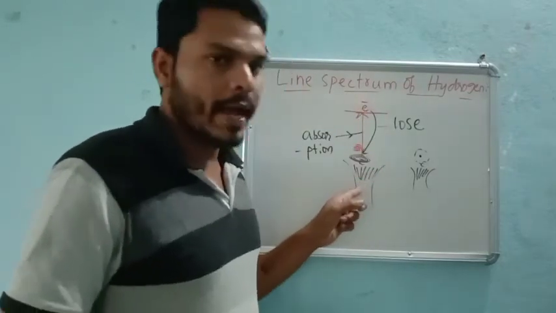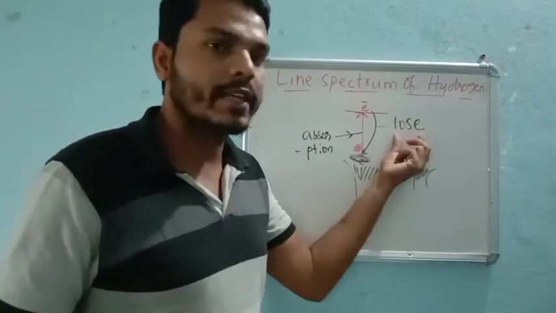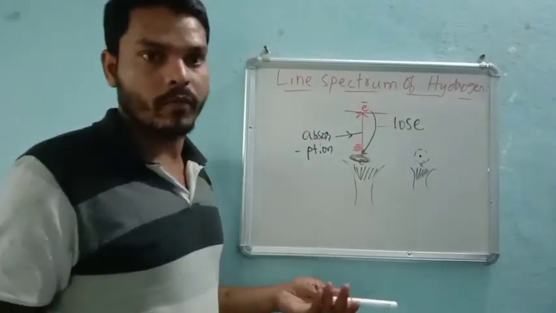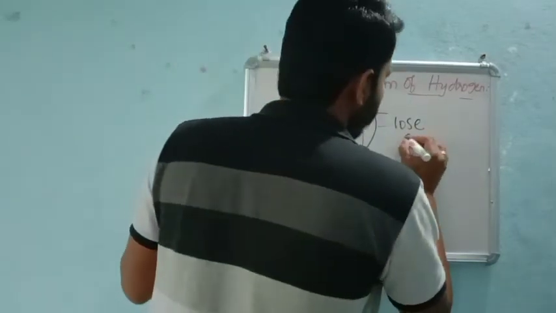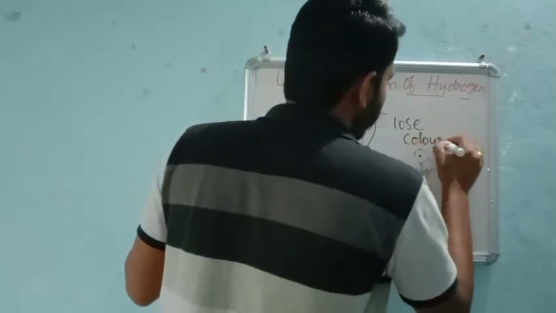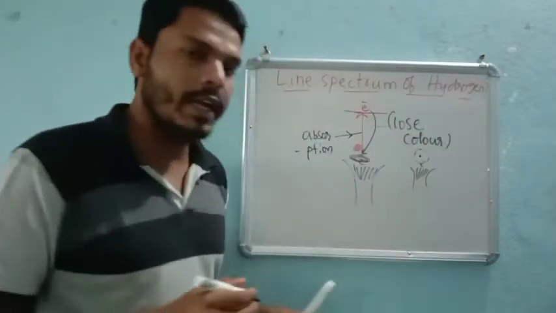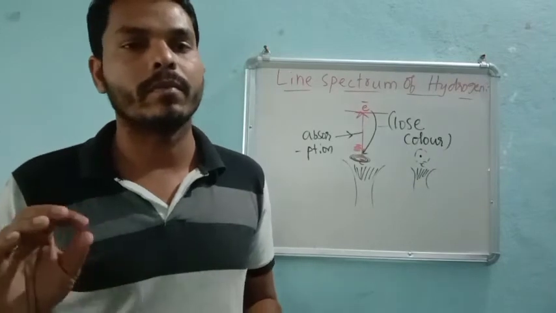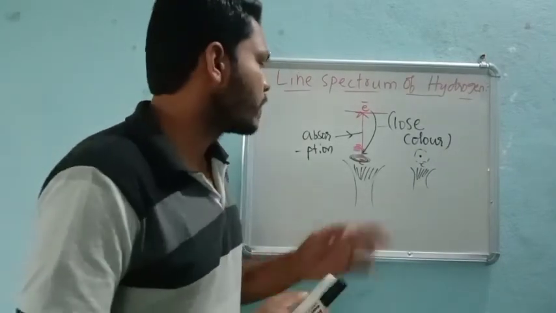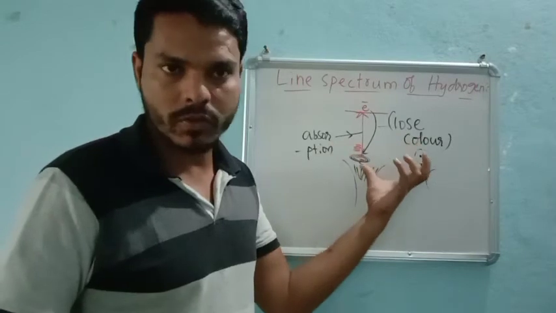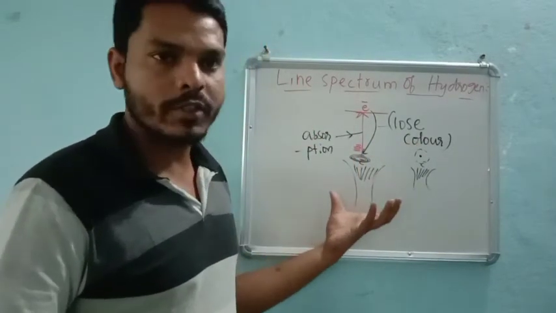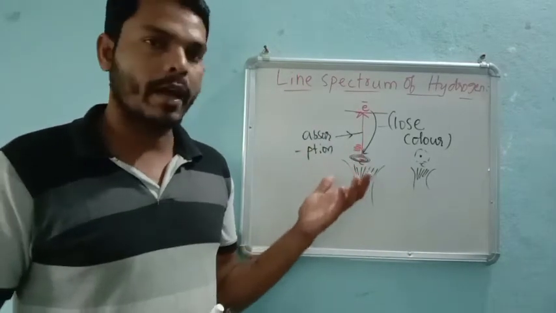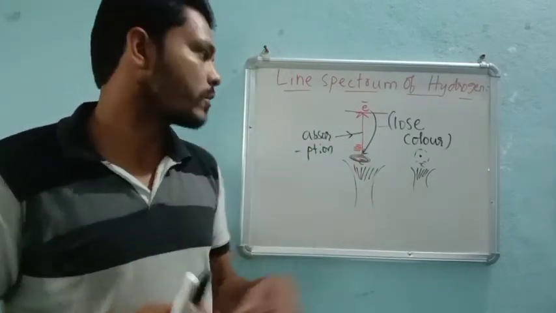While coming back, the electron loses its energy in the form of color, with different frequency. That's why whenever we heat matter, we observe different colors. Why? Because of these two processes. The chemistry student must know why the flame will be colored after burning a matter.